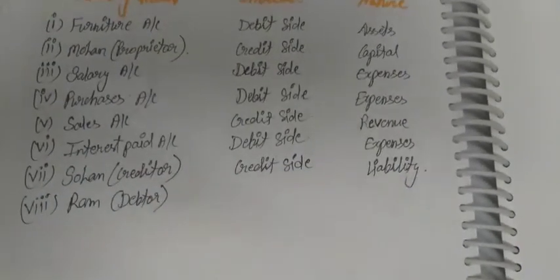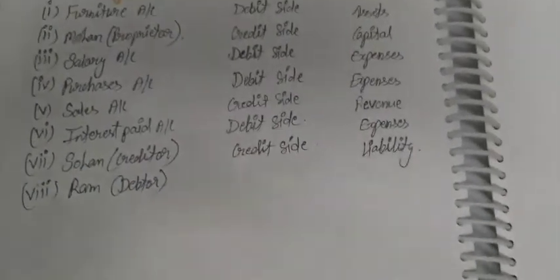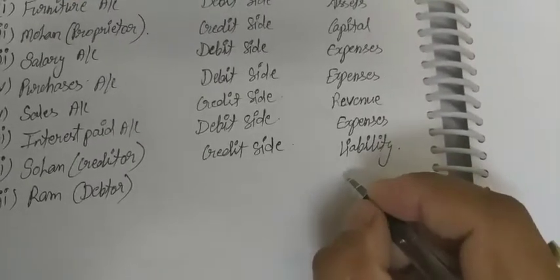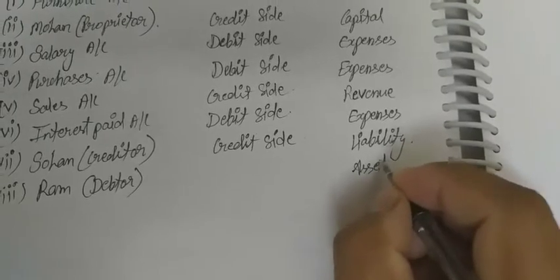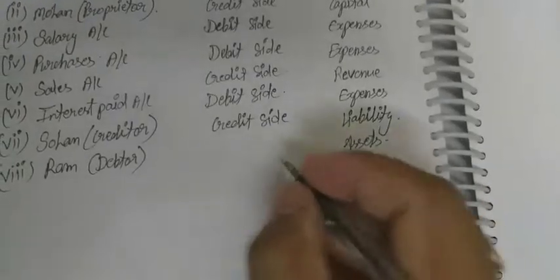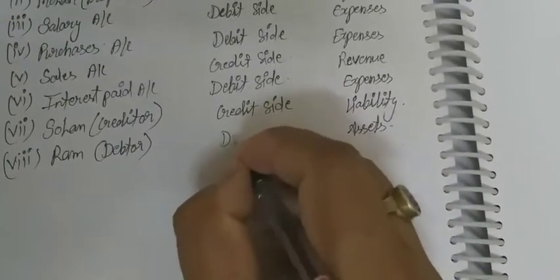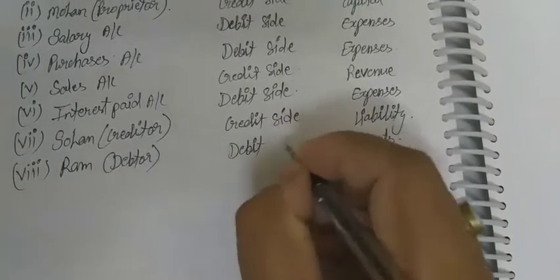Ram is a debtor, and debtor is an asset of the business. And if it is assets, so it will increase in debit side.